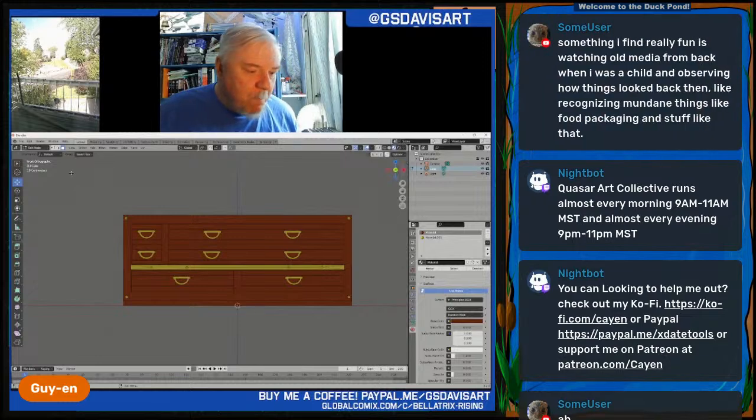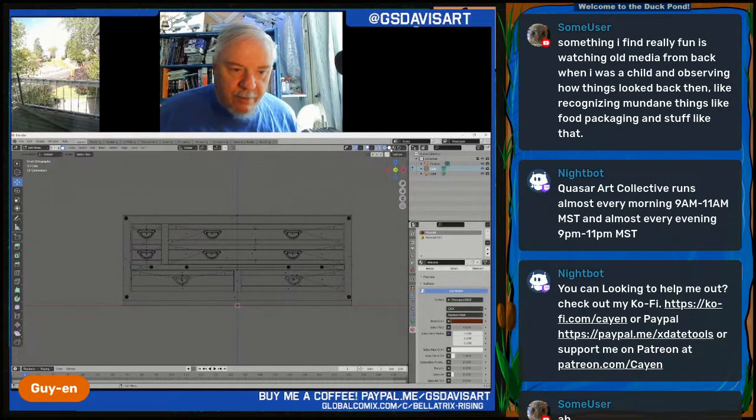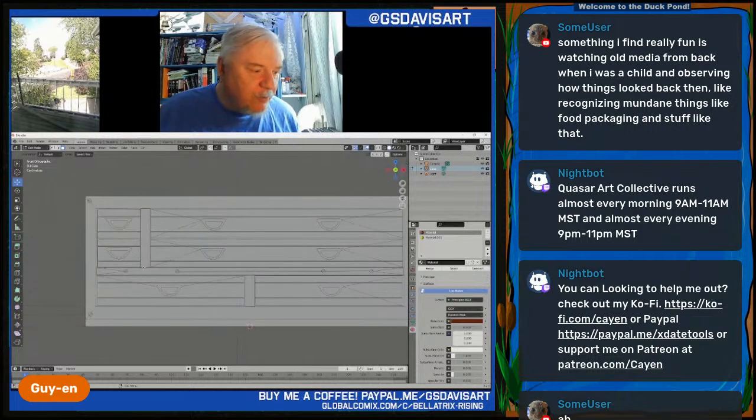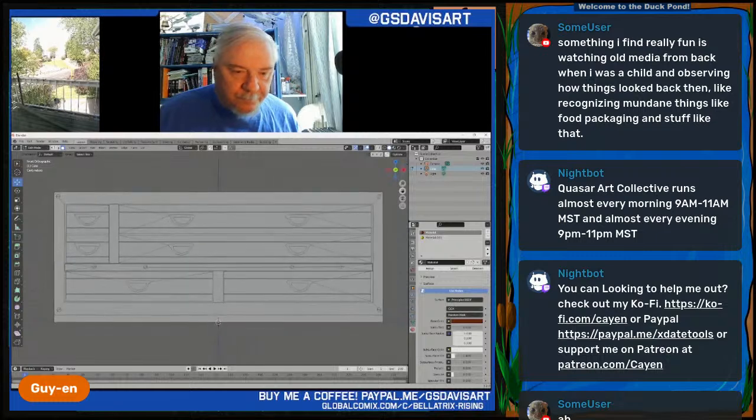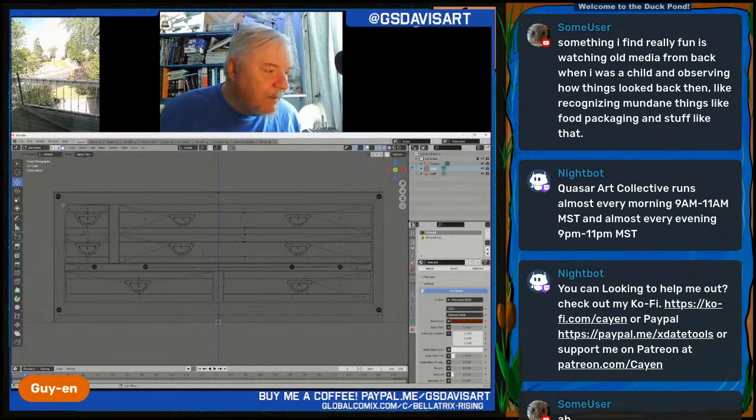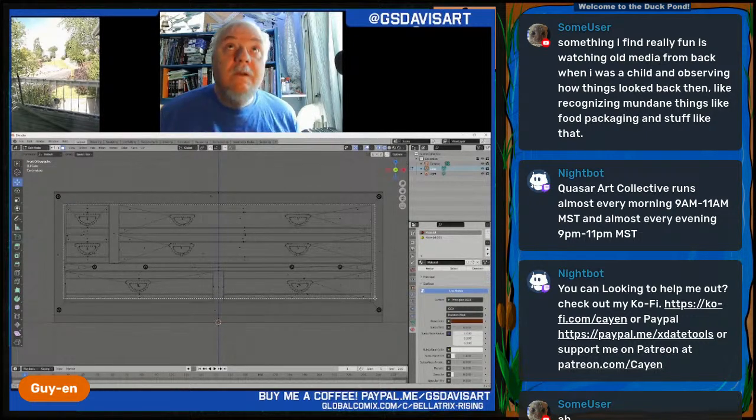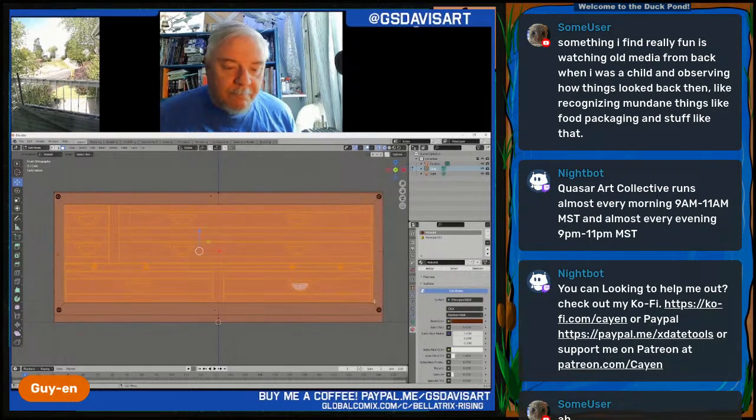I feel like if we were to go into this mode or this mode here, we'd find that these drawers are probably a little too high. I think they are. And that's the thing. It's like fine, and it is all okay. Right.